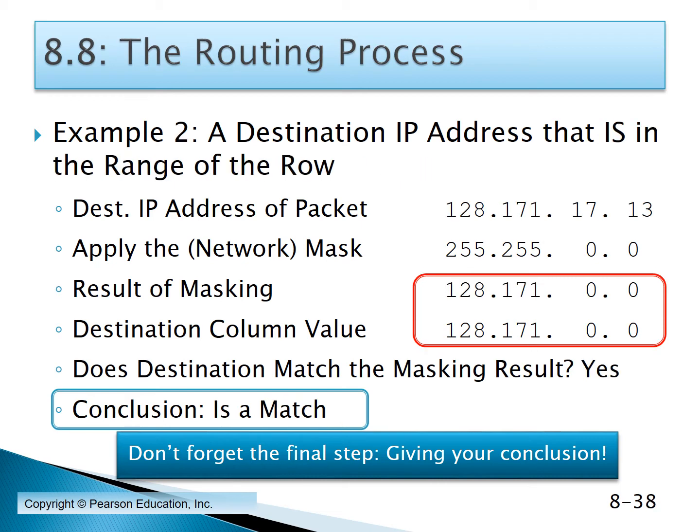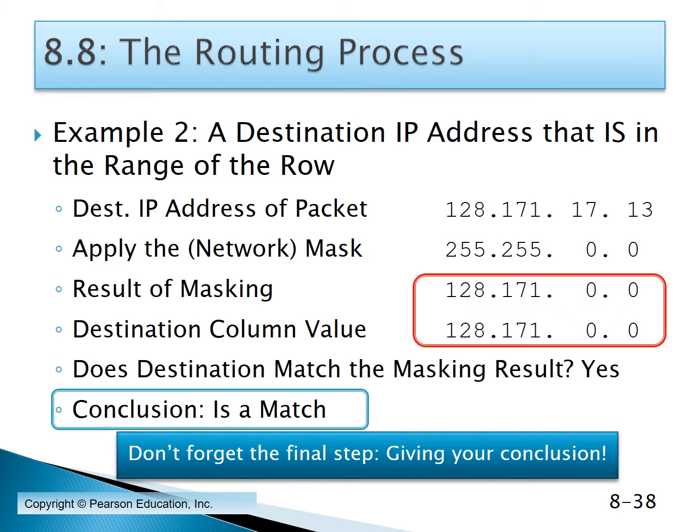Okay, now let's look at another example. In this case, the destination IP address of the packet is 128.171.17.13. So we want to send the packet here. First we apply the network mask 255.255.0.0. The result of masking is the first 16 bits of your IP address, so it's 128.171.0.0.